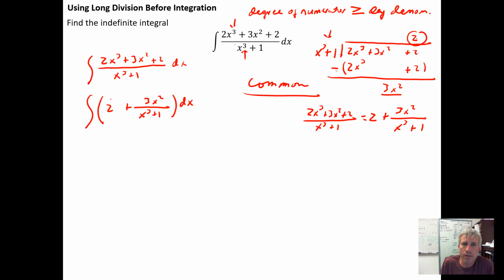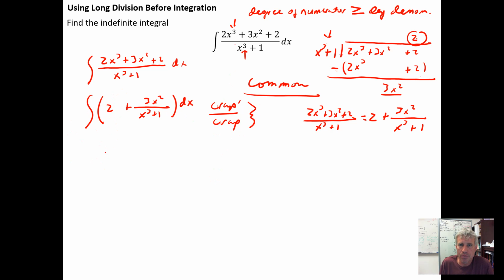So then I want to look at this and say, do I know how to integrate this? Well, I know how to integrate a 2 with respect to x. And then here I want to notice that the numerator is exactly the derivative of the denominator. The derivative of x cubed plus 1 is 3x squared. So I have that f prime over f form, that quotient form we looked at in a previous video. So now I know that I'm able to integrate this.